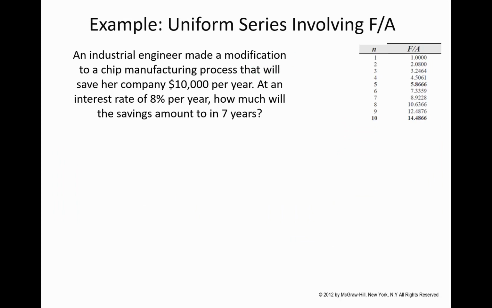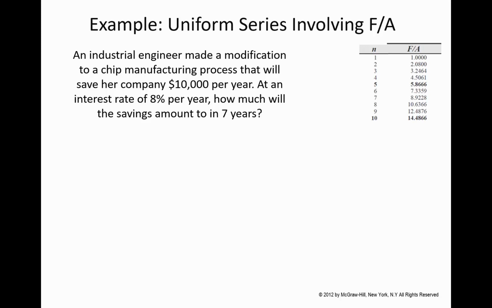So just as a little bit of practice on these uniform series with the F and the A, before we get into the gradients, let's do this example. If we made some sort of a modification to a manufacturing process, and we're going to save money that previously was spent, that counts as a revenue. When we were going through the definitions earlier this semester, one of the categories of revenue or income is saving money that used to be spent.